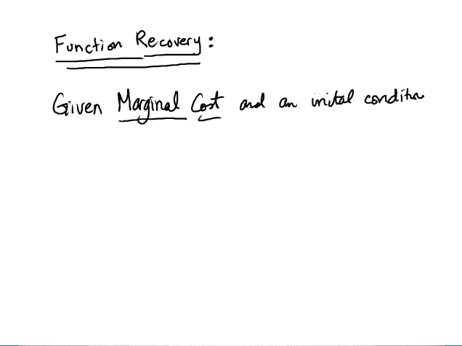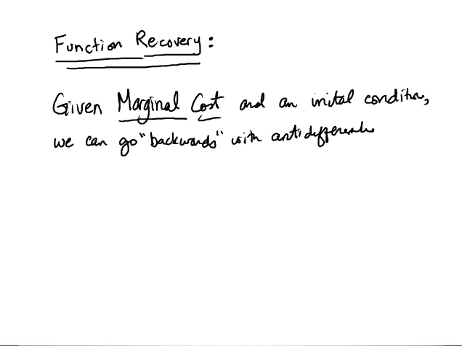So if we have marginal cost and an initial condition, we can go backwards, which is not truly a technical math word, but we'll put it in quotes, with anti-differentiation to get, or actually to recover, to go find, to determine. So that's why I call that word recover, the original cost function.